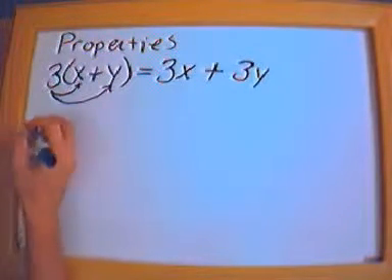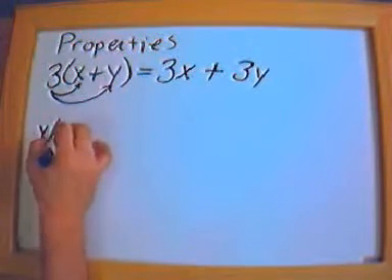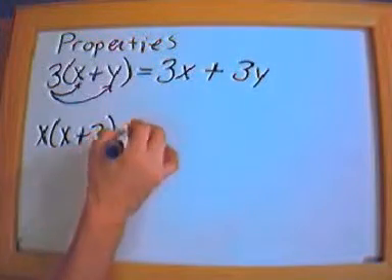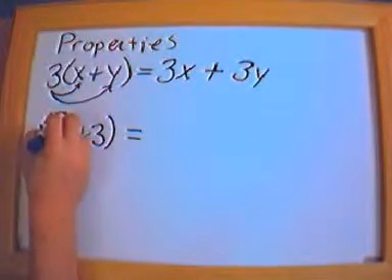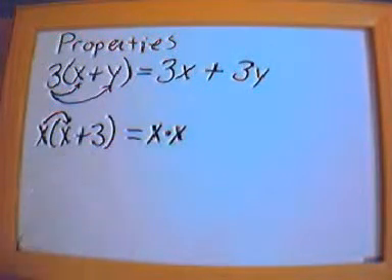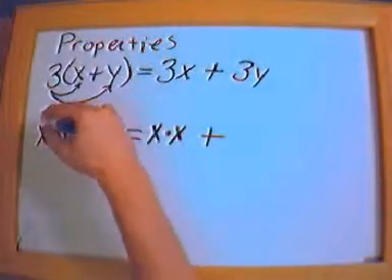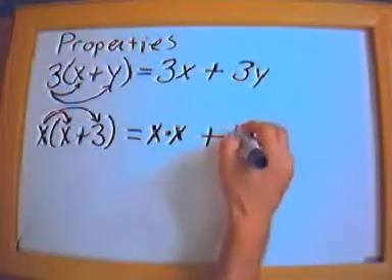Let's pick another example. Let's say I've got x times (x plus 3). Again, this times the first thing is x times x, plus this times the second thing, which is x times 3, which is 3x.